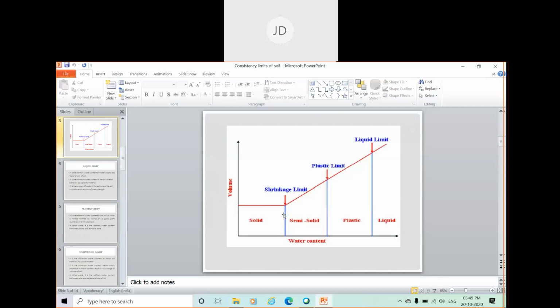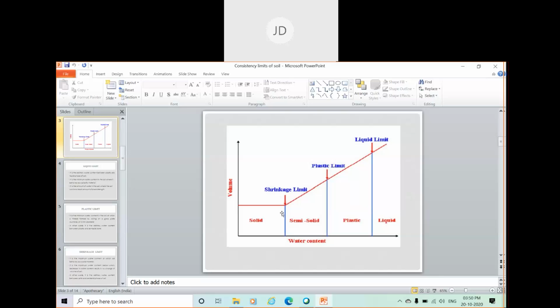Just hang on a second. So from this diagram we can also give a definition of shrinkage limit.